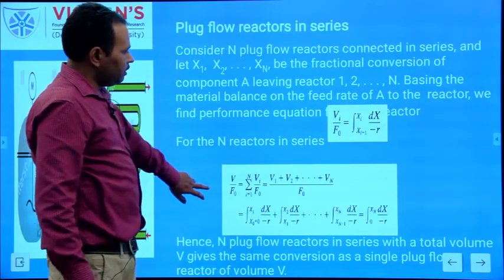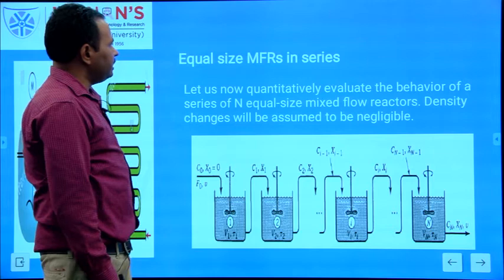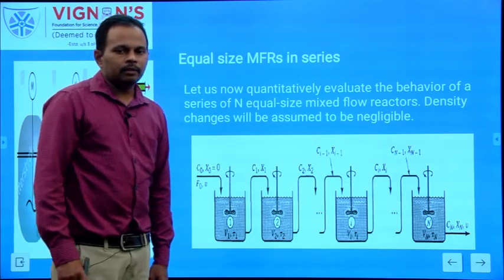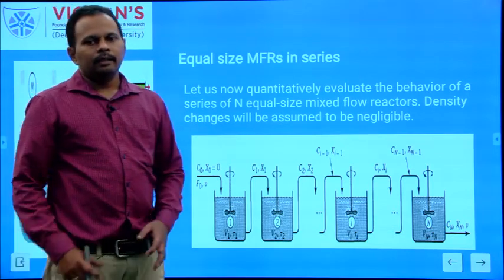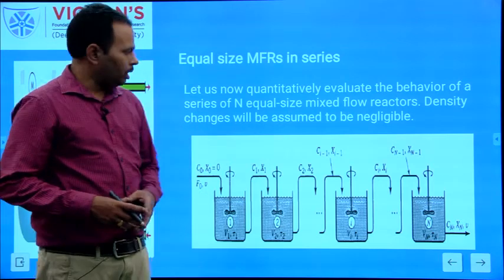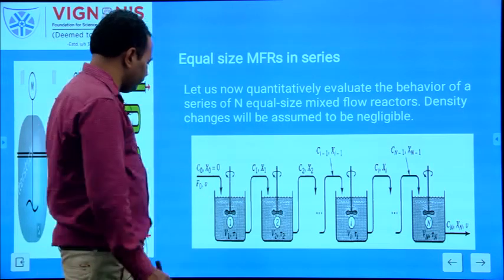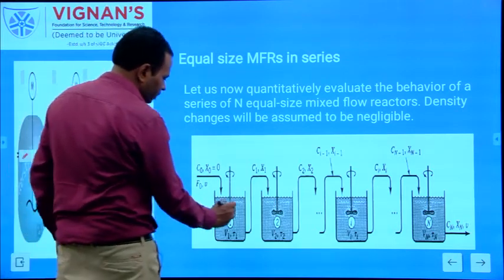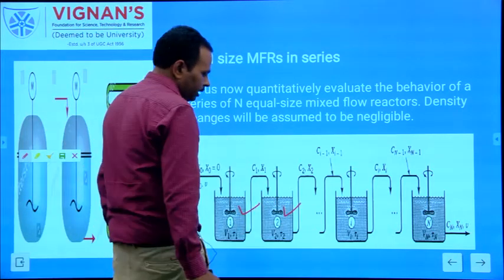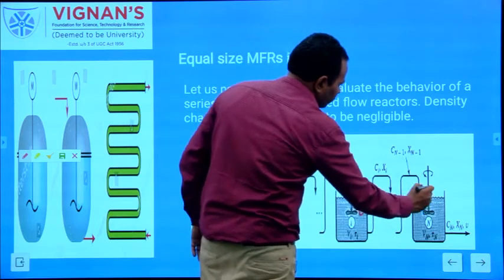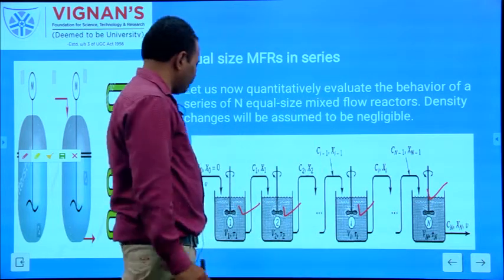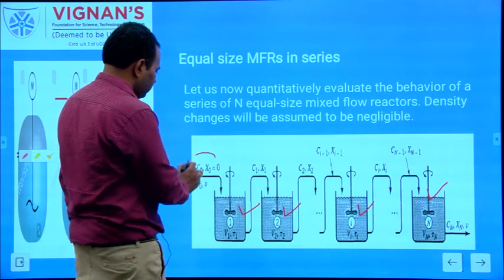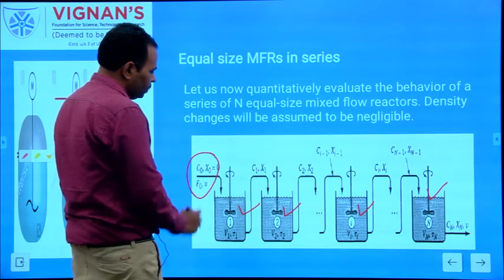Next one. When you take equal size MFRs in series, similar to the PFRs, we take n MFRs in series: the first MFR, the second MFR, and so on, the ith one, and finally the nth one. For all of these we have the inlet conditions C naught, X naught equal to 0, F naught, nu.